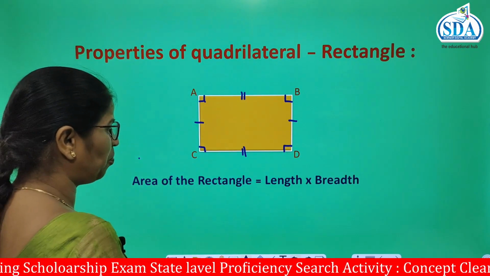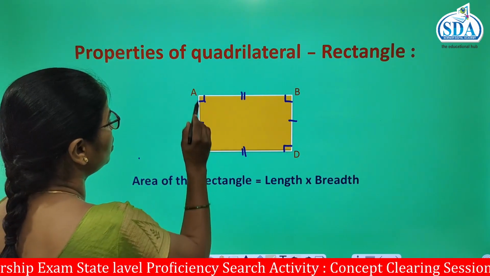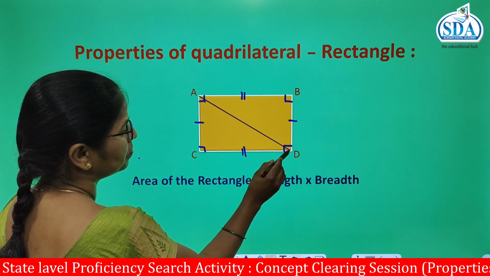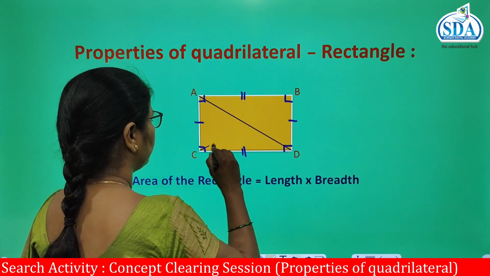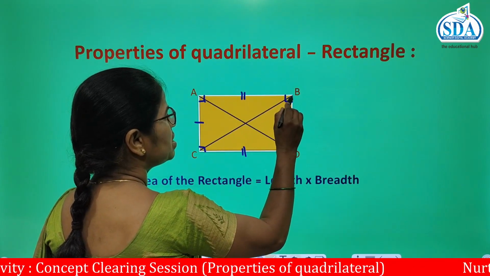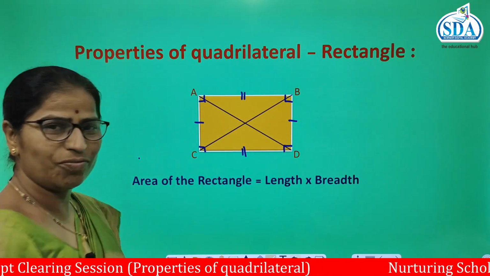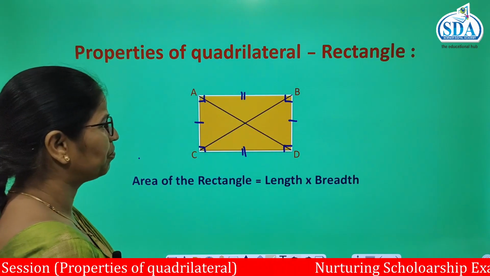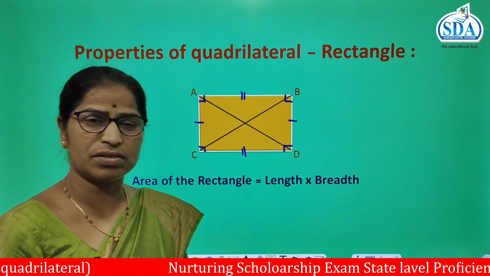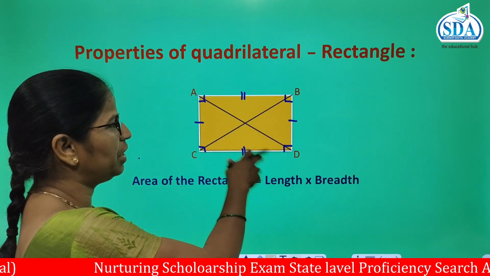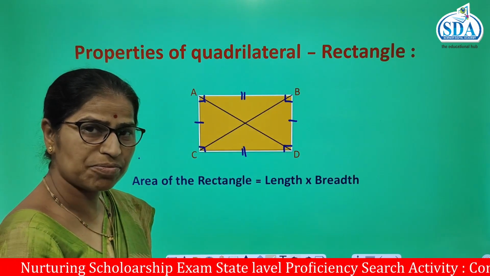And now see the property of diagonals of rectangle. AD and BC are two diagonals of the given rectangle. They are congruent. If we measure the length, they are congruent. Diagonal AD is congruent with BC.